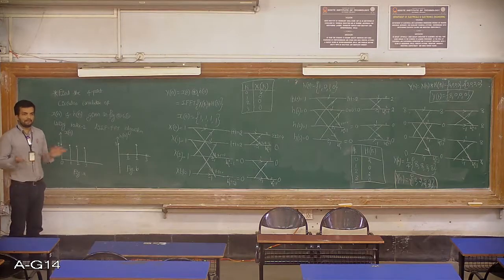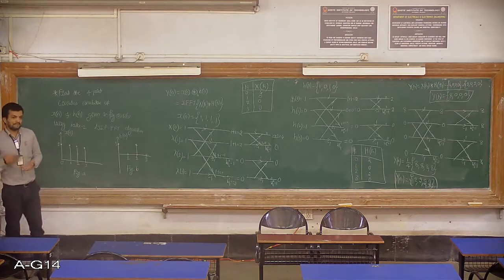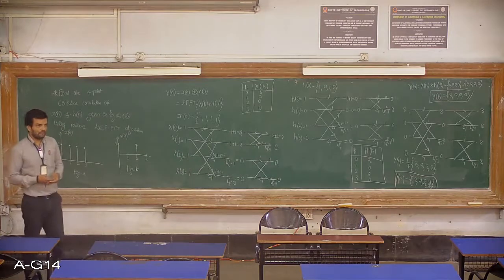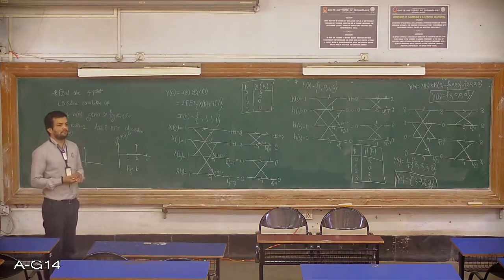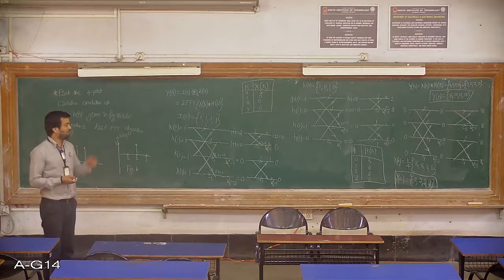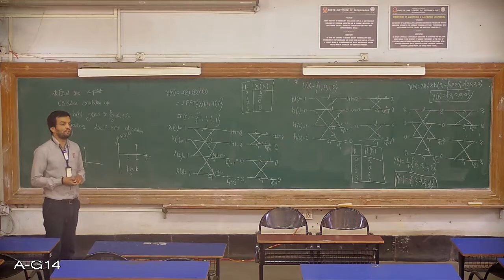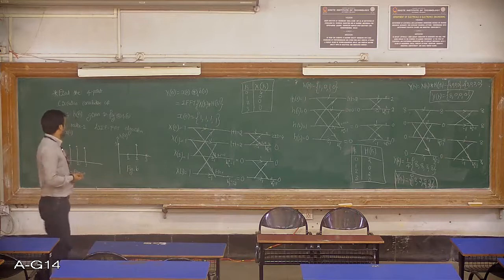Once you find it, multiply it, and whatever the answer is there, the answer is also in terms of y of k. For that you have to apply once again DIF FFT algorithm. And whatever the answer is there, once you have computed, we will get y of n, that is nothing but 4-point circular convolution.